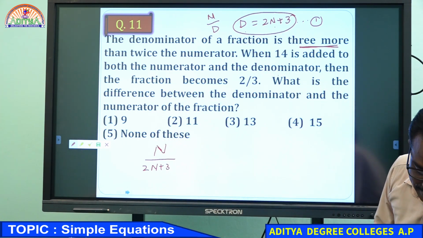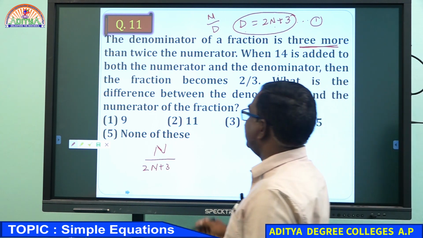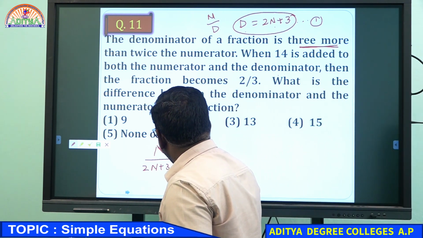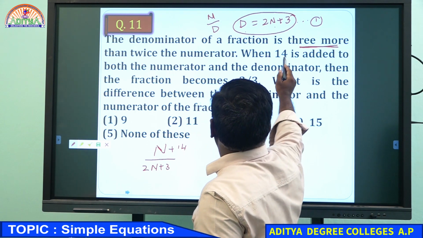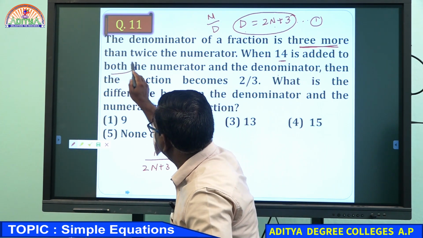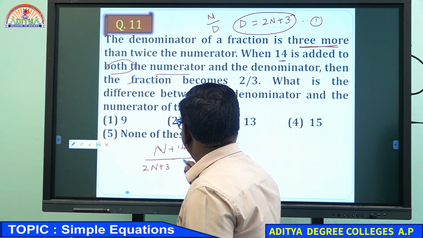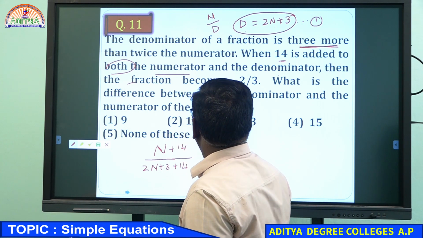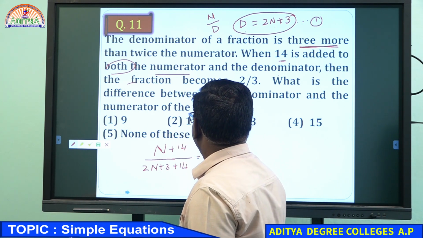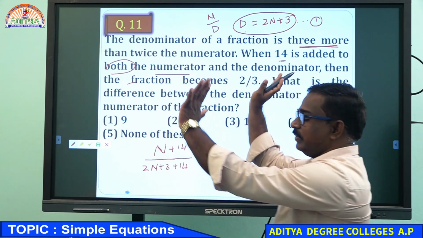Now 14 is added to numerator and denominator. Then the fraction becomes 2 by 3. This is the equation we got.